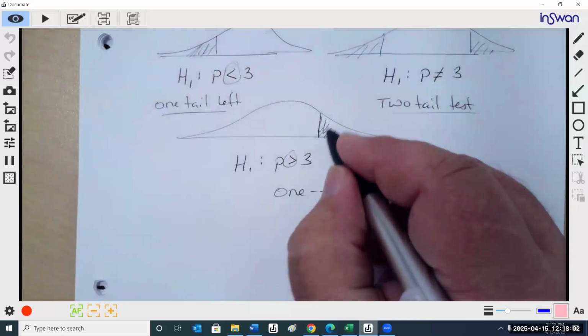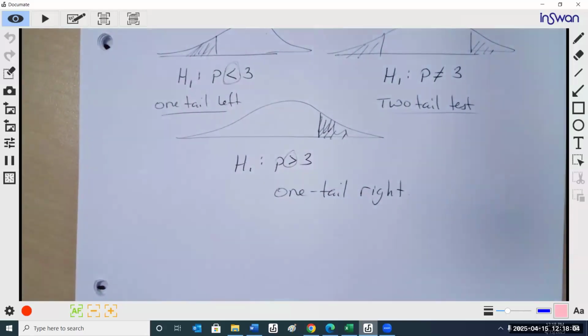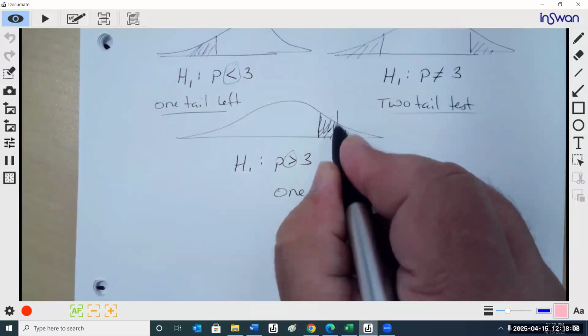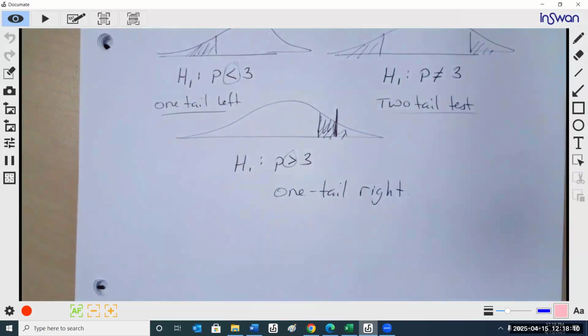And again, the shaded region is called the critical region. If your test value falls within that critical region, what do you do? Reject what? Right.